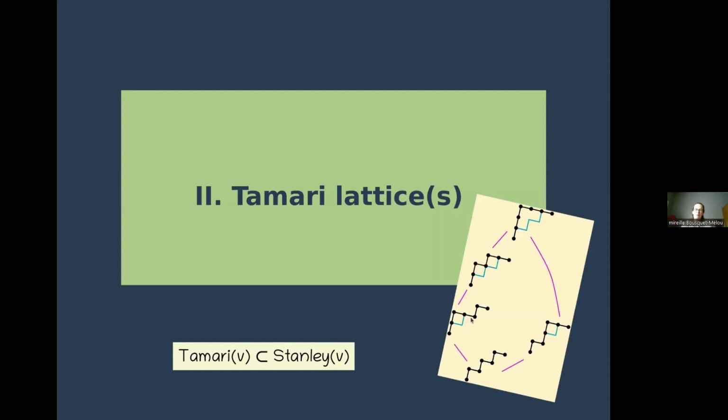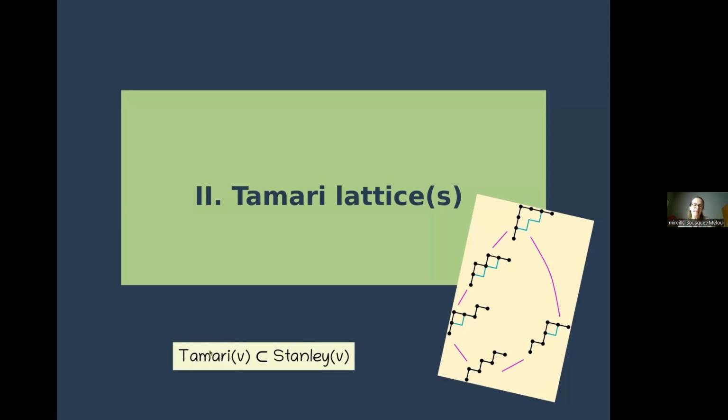Okay, so I'm now coming to my second family of lattices, which is maybe more mysterious. They are called v-Tamari lattices. And they are included in the v-Stanley lattice in the following sense, namely that the elements will be the same, and it's just the order relation that will be different.